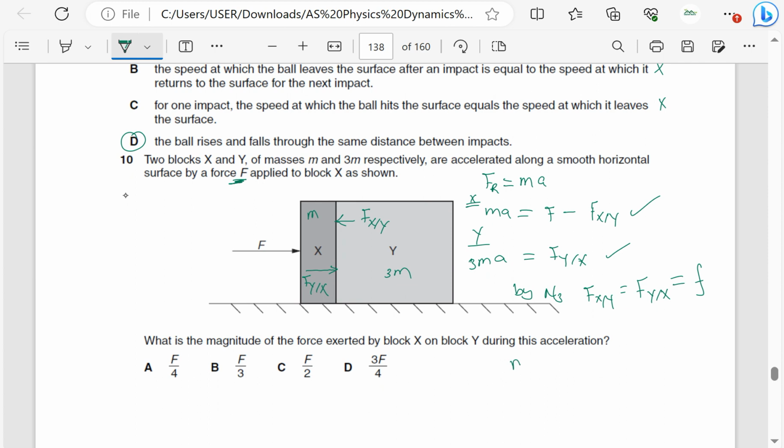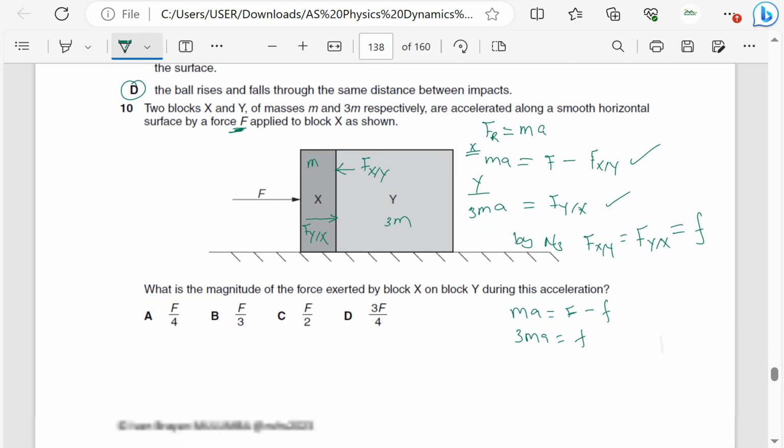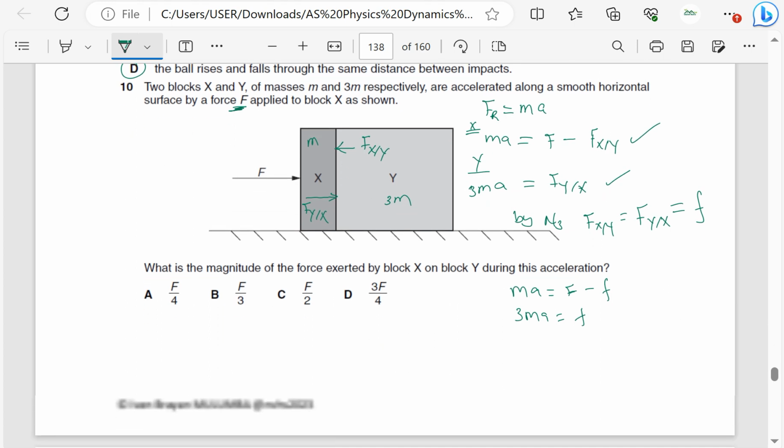So I have that ma equals capital F minus small f, and 3ma equals small f. When I add the two equations, small f cancels. So it means capital F is going to be 4ma.